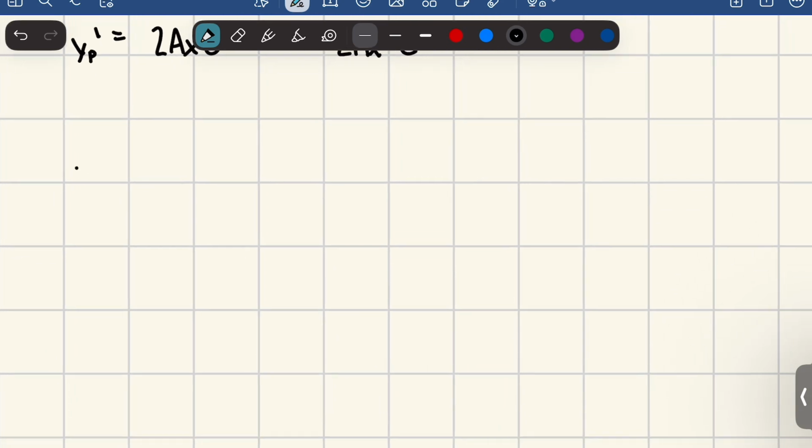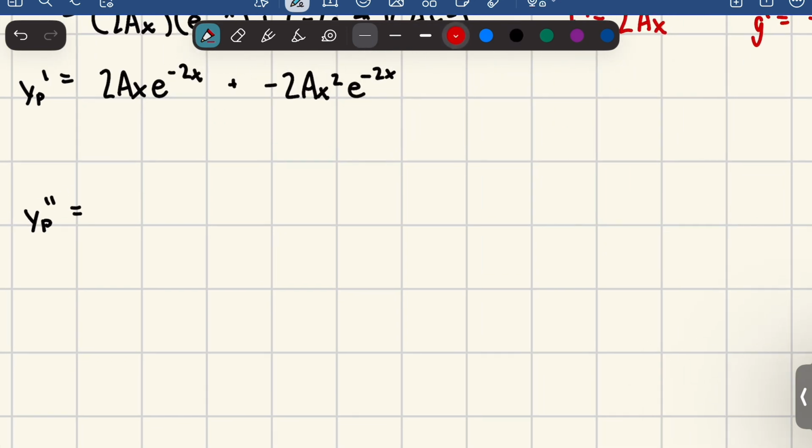I need the second derivative. If I could take out a and e. I need to visualize this.